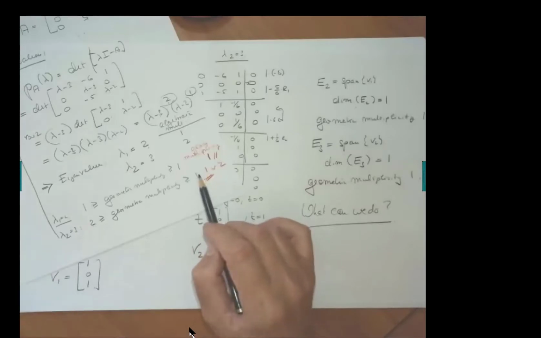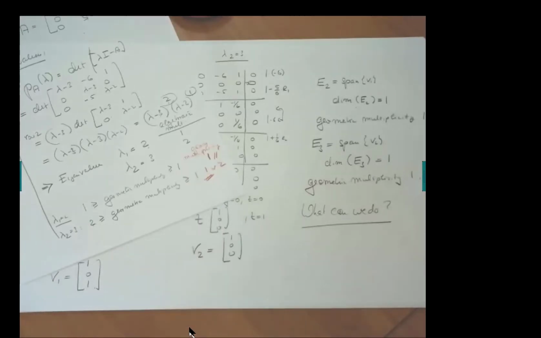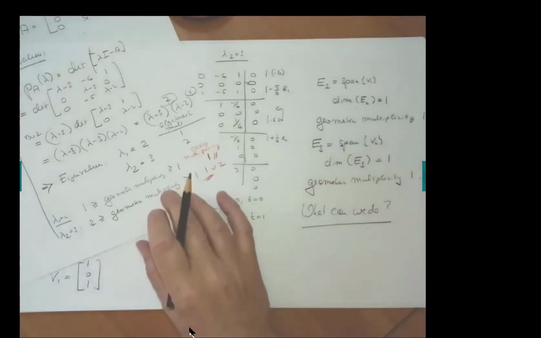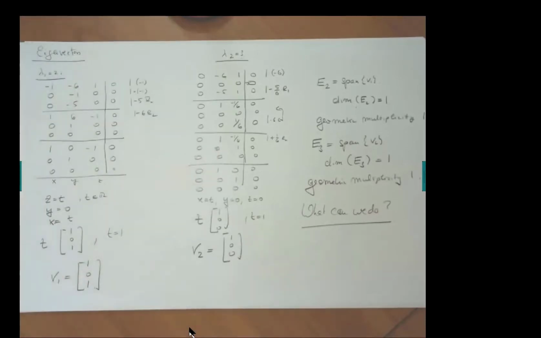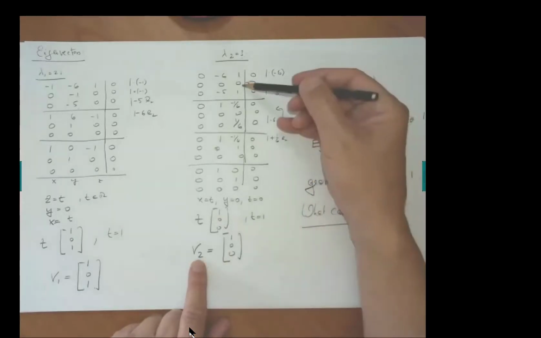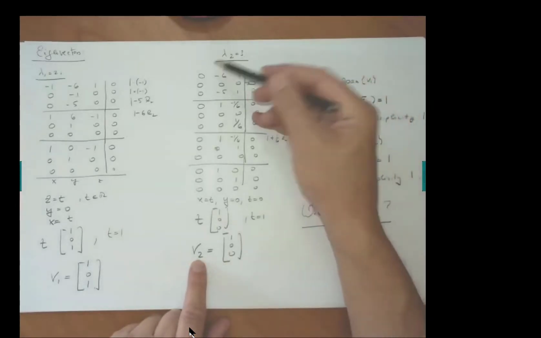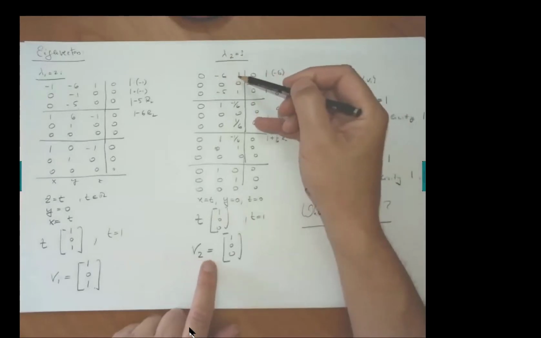So isn't there something else? Because apparently there's something missing here. And it turns out, yes, there is something else. And so we continue with the 3. So we go back to, how did we actually find V2? Oh yeah, we solved the equation 3I minus A times V equal to 0.